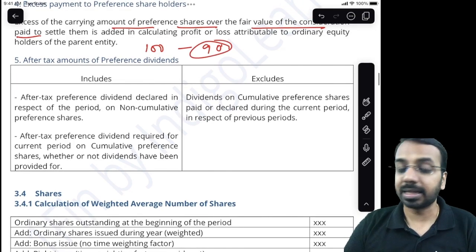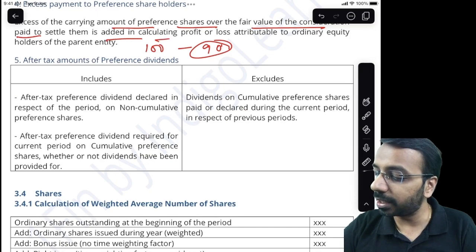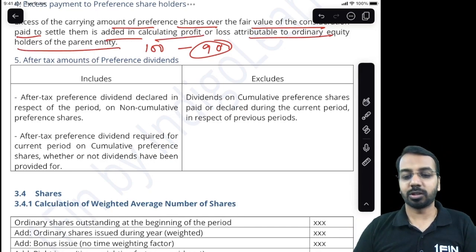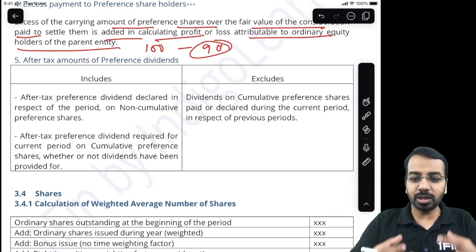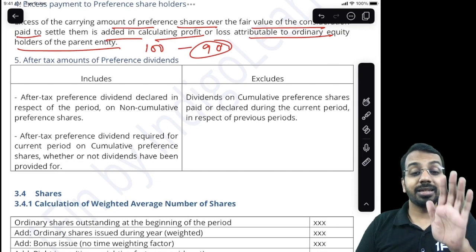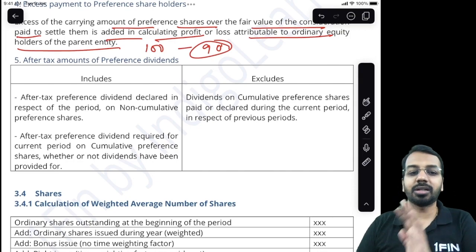So we are paying less, which is a gain. Now this gain is added in calculating the profit or loss for the ordinary shareholders. Basically, we will add it back because we are paying less, and that gain is added to equity shareholders' earnings, right?